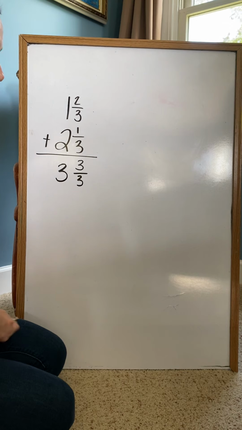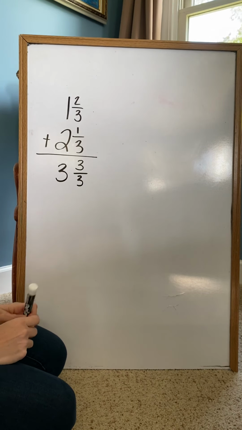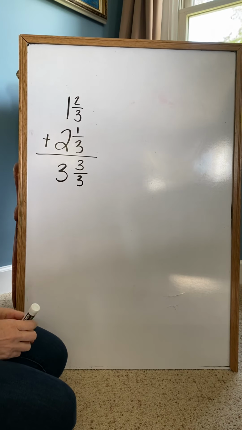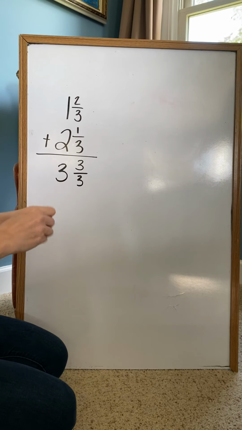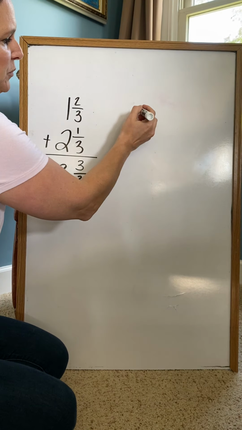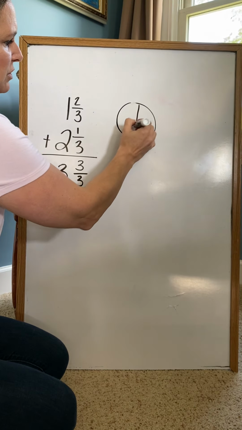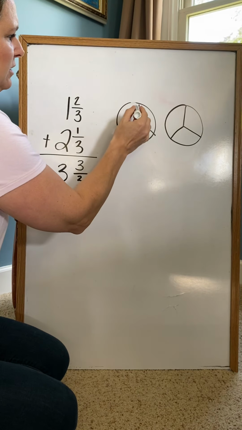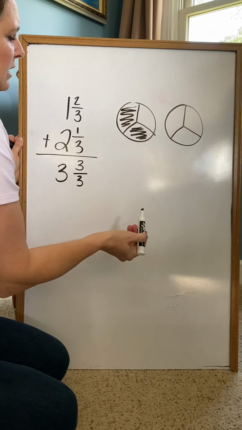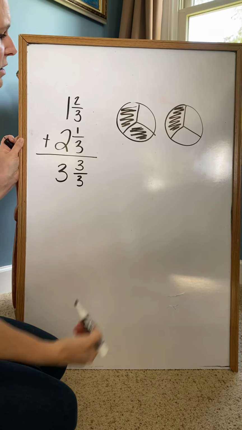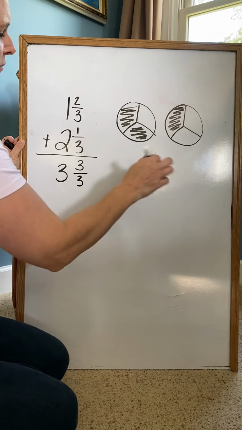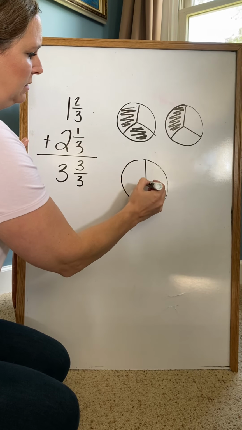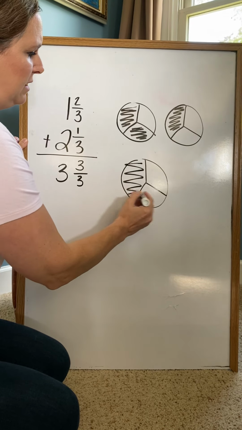And before we go any further, I just wanted to point out, notice that when I added my fractions, I did not add the denominators. Remember when we were doing this work with the fraction pieces, if I had, I'll draw these pictures again, these thirds, 2/3 together with 1/3, when I add those together, it makes 3/3.